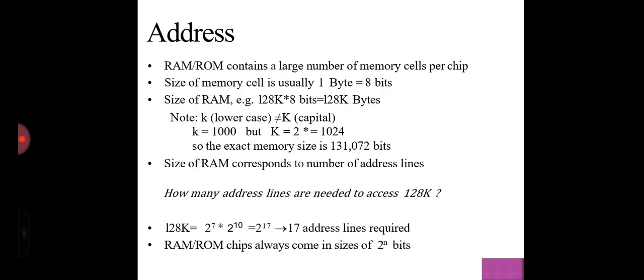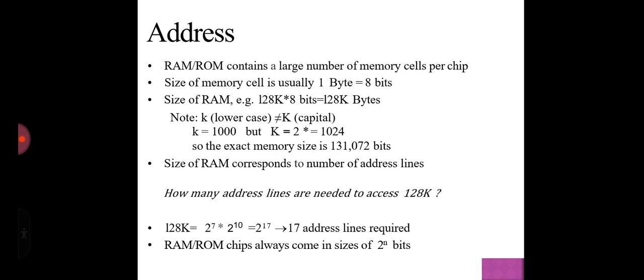Again comes the address, which is described by reference to RAM and ROM. RAM and ROM contain a large number of memory cells per chip. Size of a memory cell is usually 1 byte, which is equal to 8 bits. And the noting point is that k, the alphabet, must be in lowercase, not in capital.